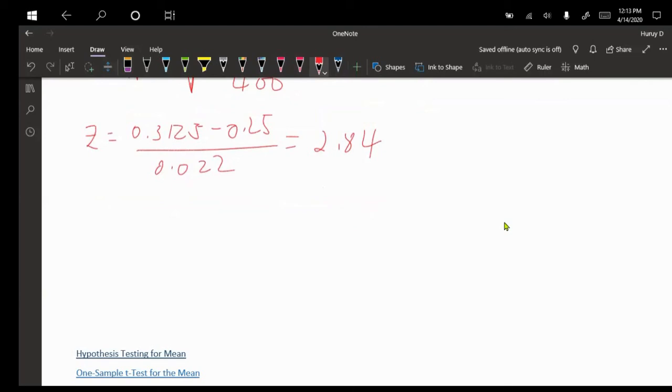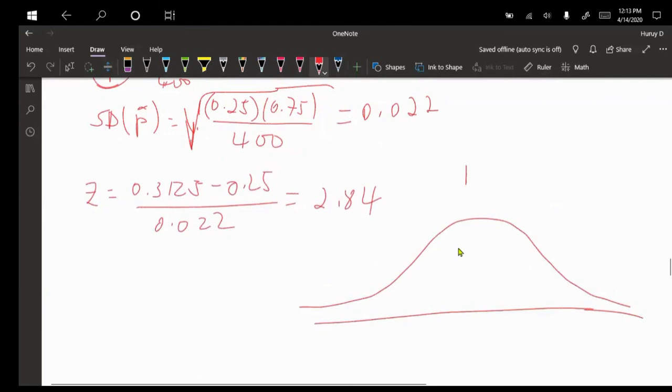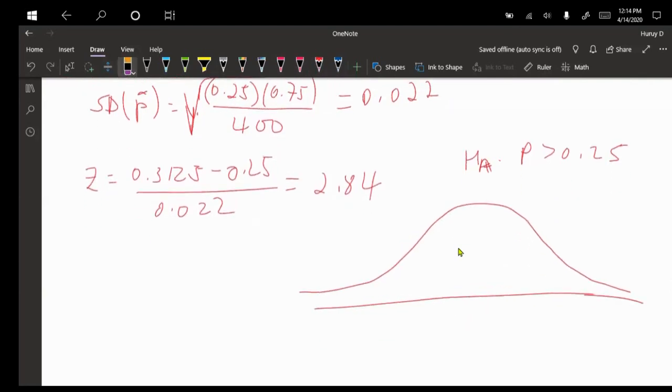So to find the p-value, let me draw the curve. Now, what do you think? On which direction is the p-value now? Again, it depends on the alternative hypothesis, and the alternative hypothesis is p greater than 0.25. So the p-value is always in the direction of this inequality.